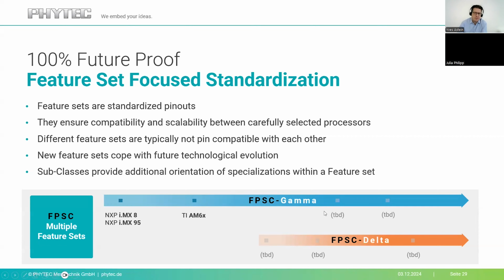And there will be multiple processors coming in the future. We started off with 3 now, and we're continuing to develop more processors based on the standard. And this standard FPSC gamma is the first feature set with a certain definition of pinout, must-have signals, optional signals, and also the footprint.